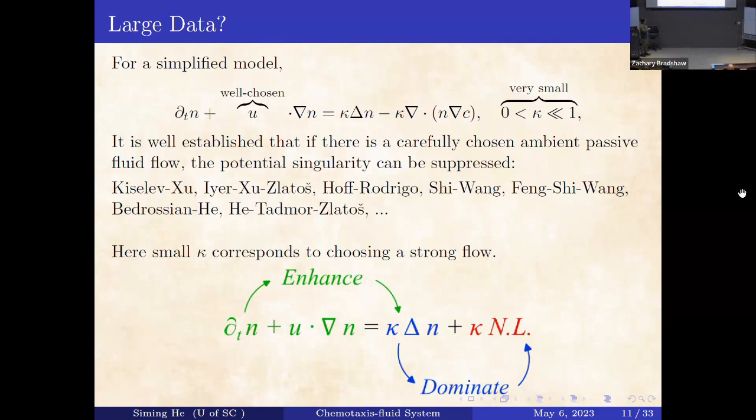Once you enhance the diffusion, there's hope to use the diffusion to dominate the nonlinearity. As I mentioned, this is like a balancing between two forces: one is aggregation, one is diffusion. If one of the players becomes stronger, it will dominate. In this case, diffusion is helping you, so if diffusion becomes stronger, it will annihilate all the nonlinearities.